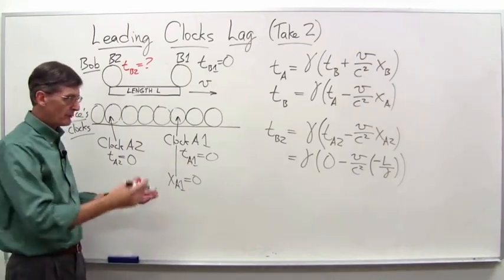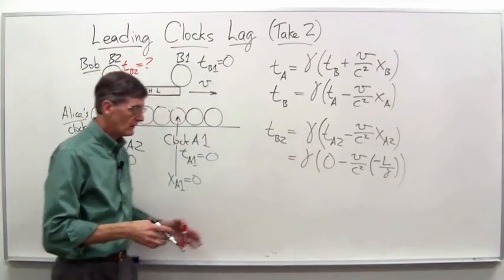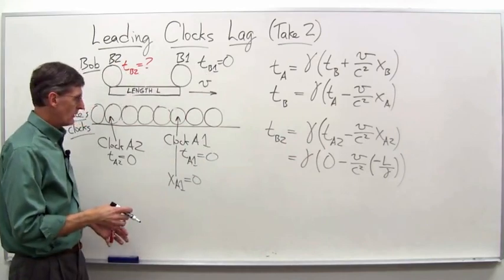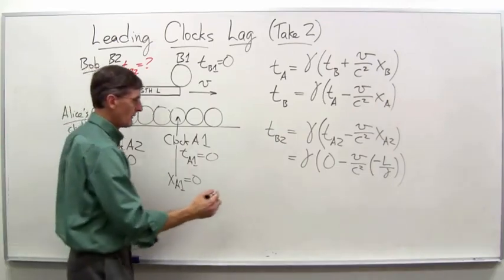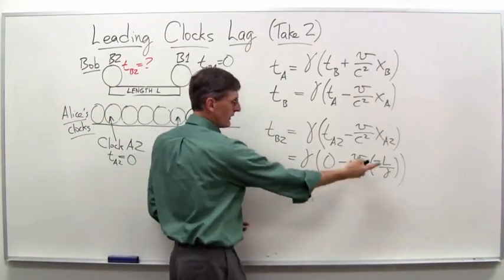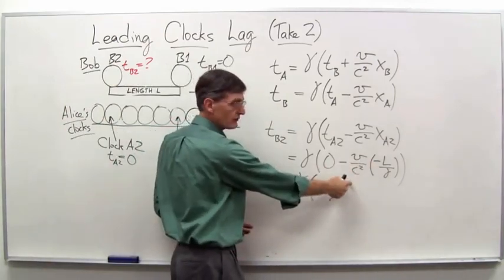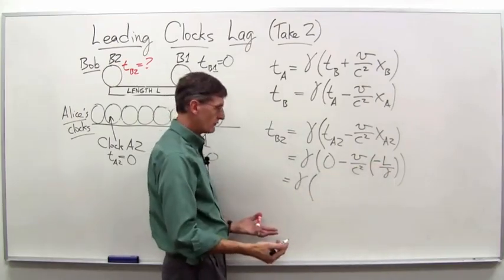So let's see what we have. We plugged in our numbers. Remember we're using the length contraction factor there for that distance, because again we're given length L in terms of Bob. And so this just becomes gamma. And inside here I've got 0 minus, and I've got a negative V over c squared times a negative L over gamma. The negative signs cancel, so I get a positive.